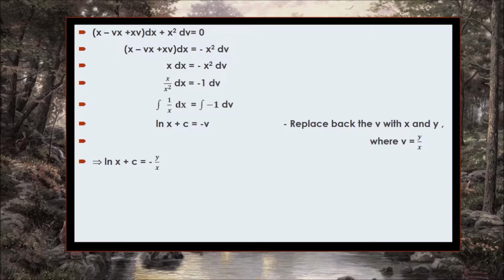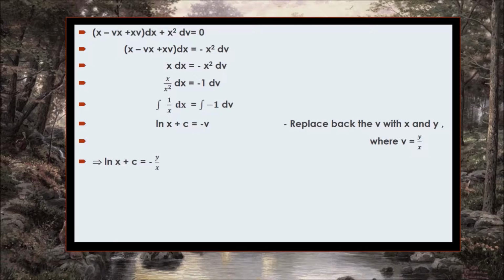Once we have this equation, we can separate the terms based on their derivatives, that is, x minus vx plus xv to dx and x squared to dv. Then we bring them to the other side so that integration can be made.